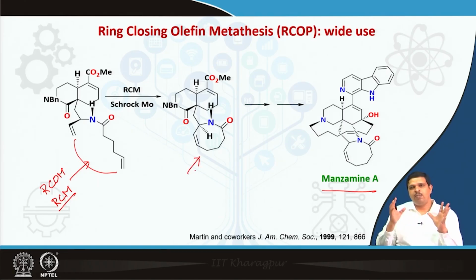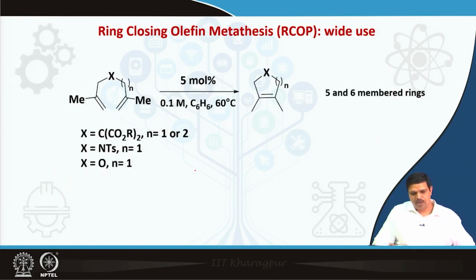There are numerous examples where, for synthesis of different types of natural products, in one or more steps, Grubbs catalysts have been used very widely, Grubbs or Schrock type metal-carbene catalysts. You will see this is very popular nowadays, and different organic heterocycles can also be synthesized.